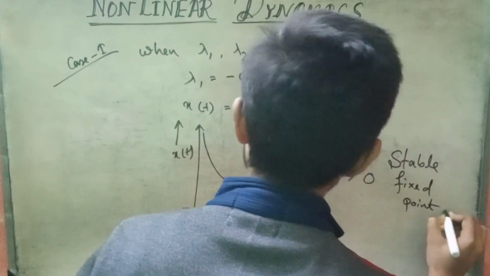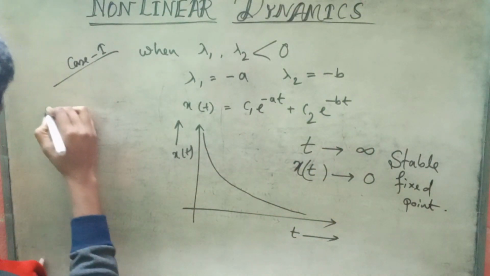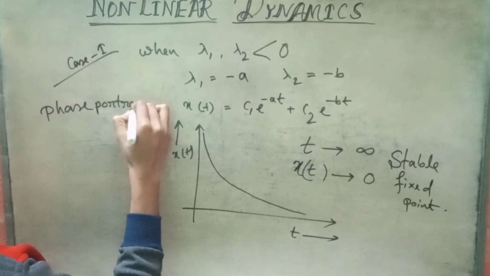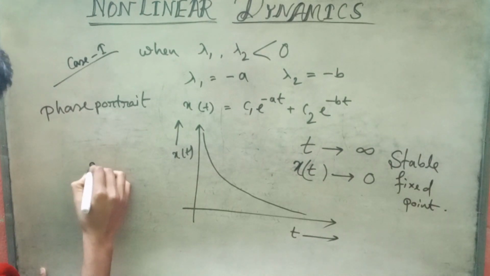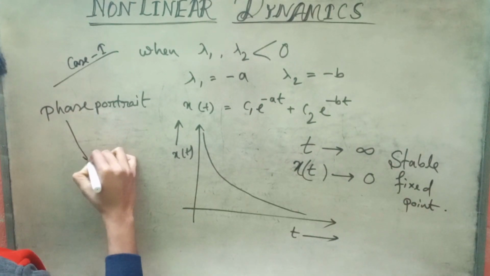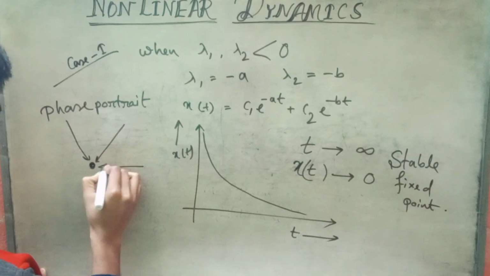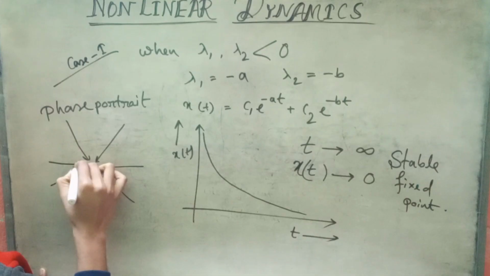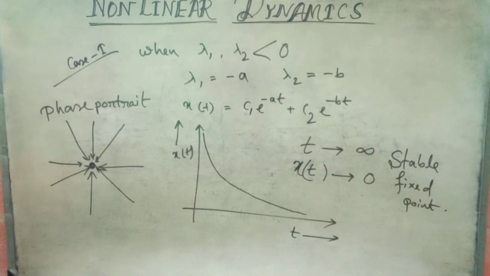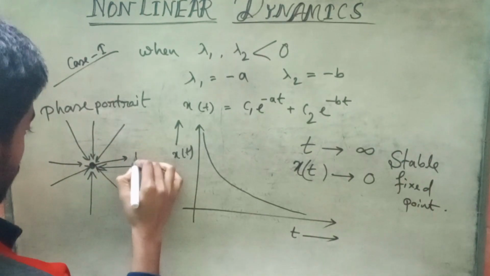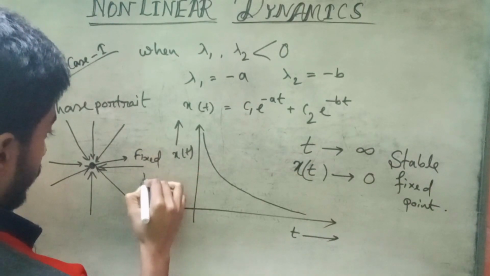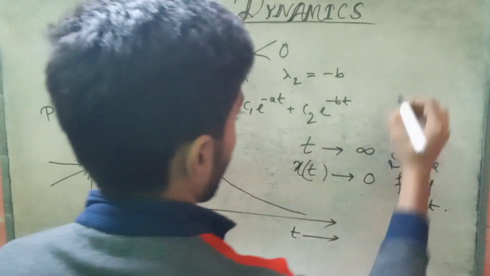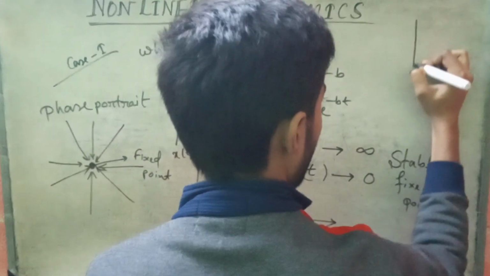Now draw its phase portrait. This is a fixed point. All system trajectories converge towards the fixed point, right? This is, let's say, the fixed point. Or we can draw just like this.